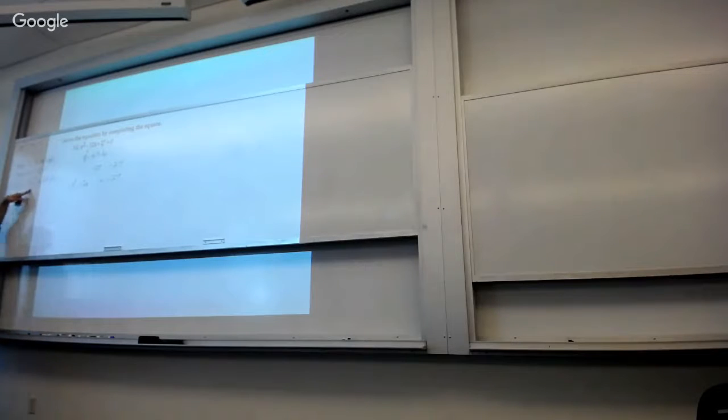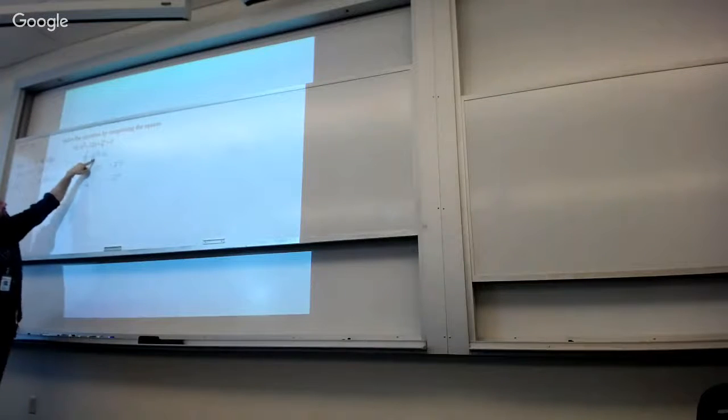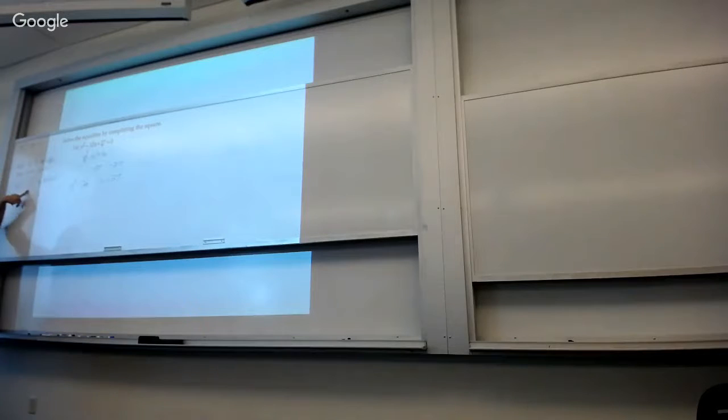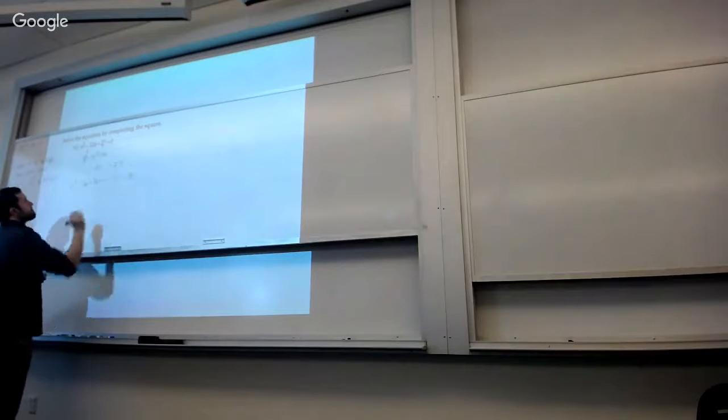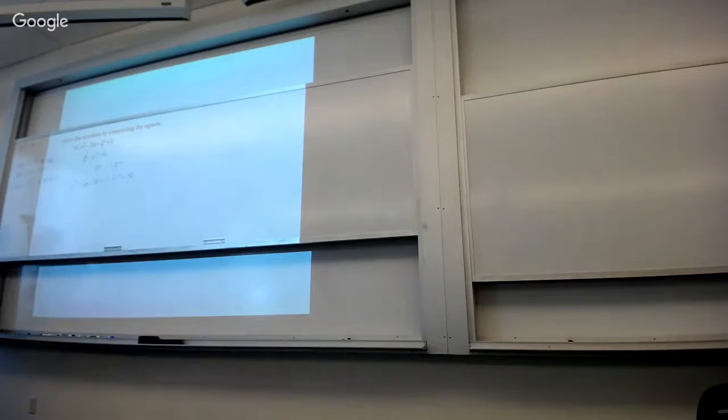Is that fair, that formulaically we would call it that? Is 36 really b over 2 squared? That's what we did, right? We took b, we divided it by 2, and then we squared it. So yeah, that's what we're going to add to both sides. We're going to add b halves squared to both sides. And in this particular case, we're going to add 36. All right. Then what?